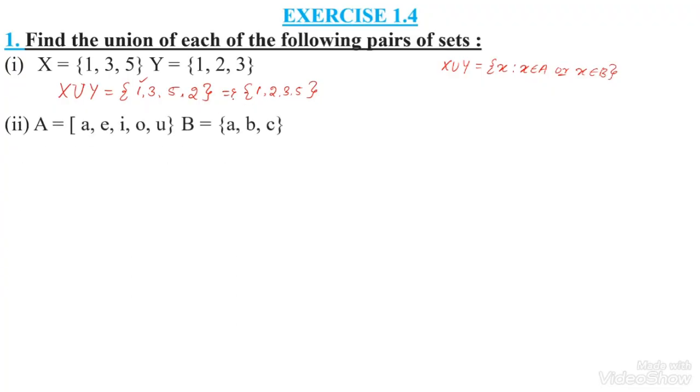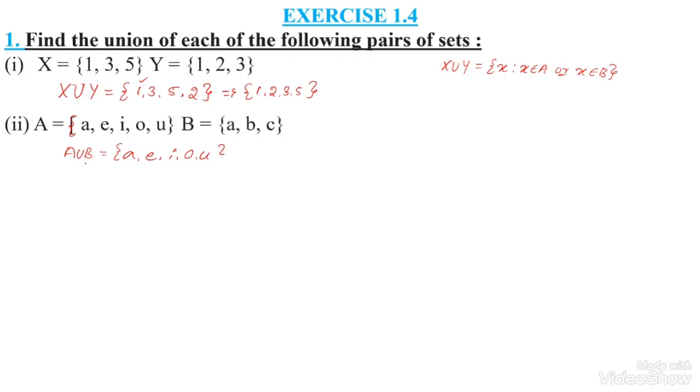Next, second question. Let A be a set containing the elements a, e, i, o, u, and B be a set containing the elements a, b, c. Therefore A union B is equal to the elements present in set A: a, e, i, o, u.